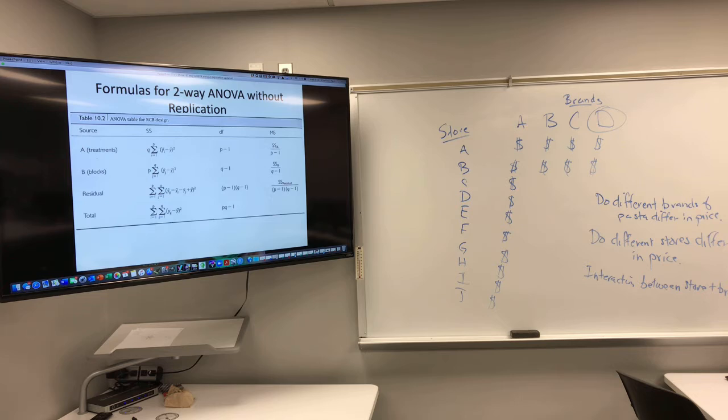The unfortunate thing is, what do you not see in this ANOVA table? What's not there that's in a normal two-way ANOVA table? Well, F and P values, but this is just formulas. Go back.